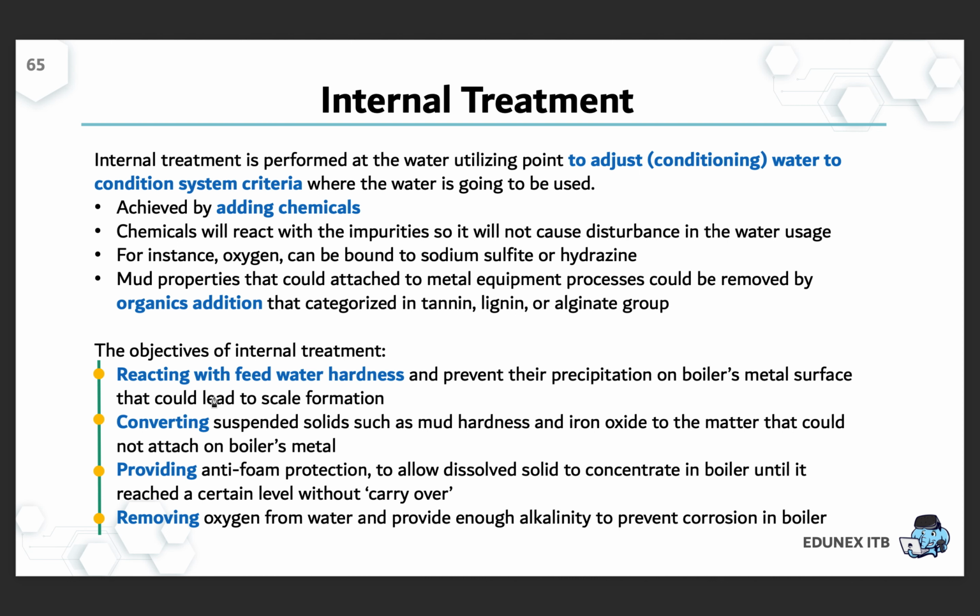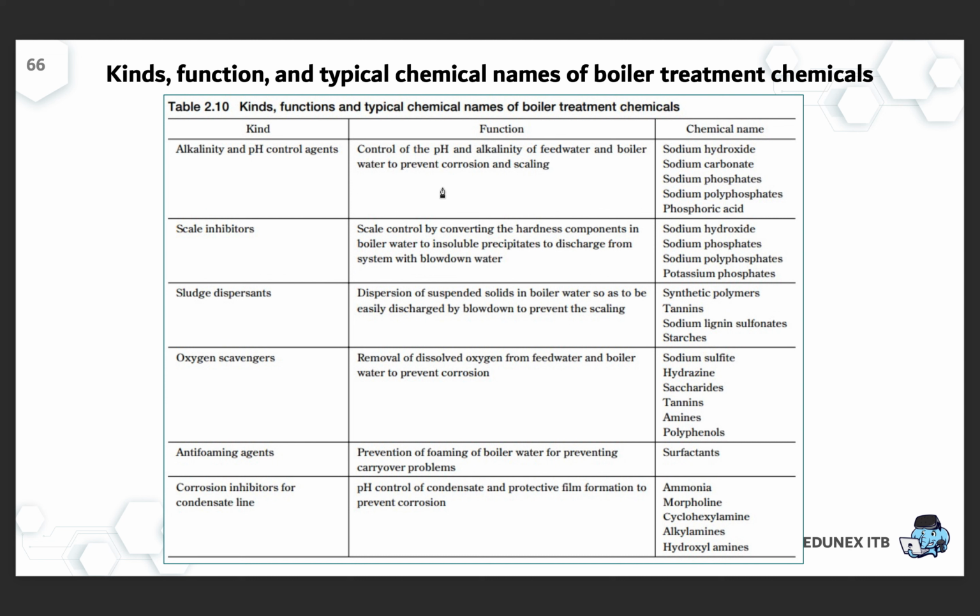Please look at it closely, and this is the function of some chemicals for boiler water treatment. You can add alkalinity and pH control agents, scale inhibitors, sludge dispersants, oxygen scavengers, anti-foam, and corrosion inhibitors, and so on. This is an example of the chemicals used, and this is the function.